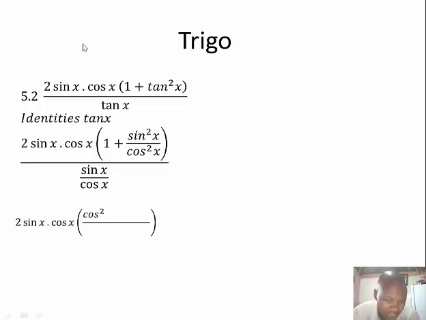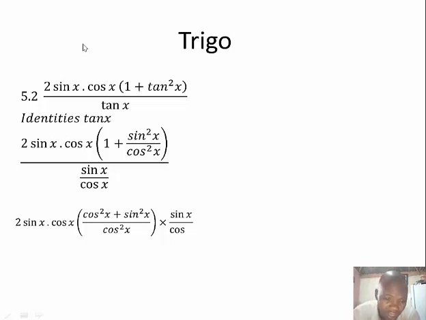So when you rewrite, you are going to have your cos squared x plus sine squared x, all this over cos squared x, because your lowest common denominator was cos squared x. Once you have this written down, you can then multiply the denominator. So you typically would use sine x times cos x to multiply.